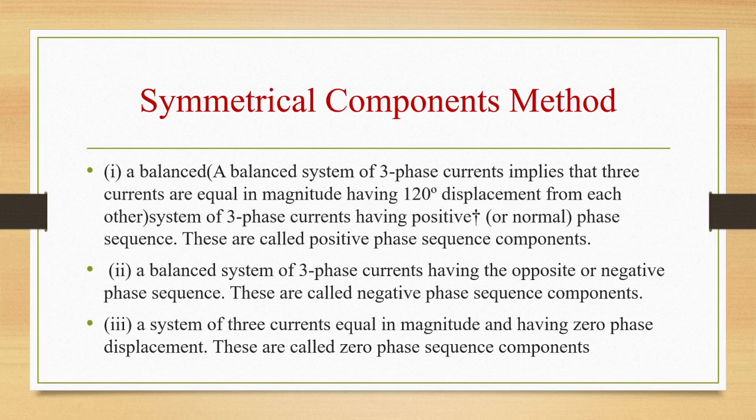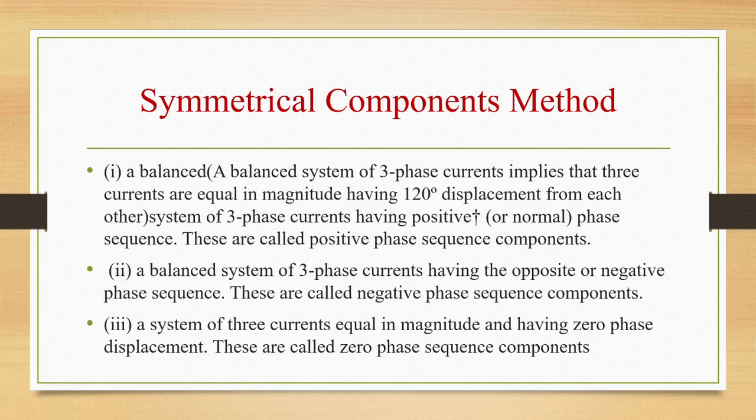These are called positive phase sequence components. Second, a balanced system of three-phase currents having the opposite or negative phase sequence. These are called negative phase sequence components. Third, a system of three currents equal in magnitude and having zero phase displacement. These are called zero phase sequence components.